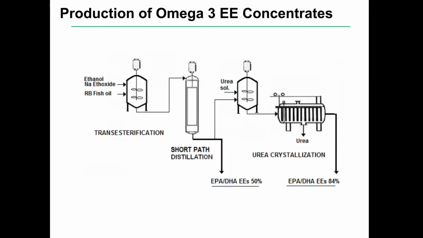For example, the use of urea crystallization can concentrate EPA and DHA further, up to 84%. Later on, we will see that the new Artisan multistage evaporation technology is able to replace the conventional short-path distillation and achieve a much higher concentration of EPA and DHA.